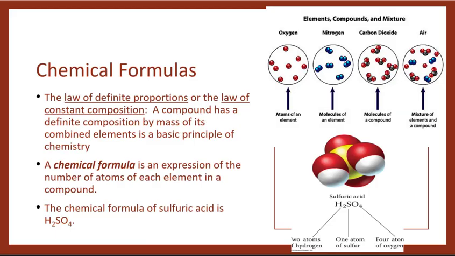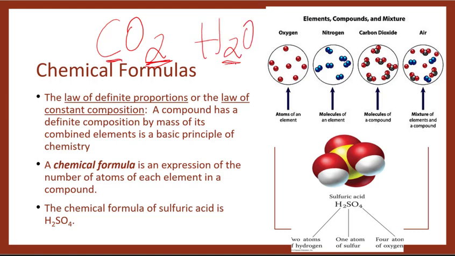Looking at chemical formulas, for example, we just got done talking about CO2. And we said that for every 2 oxygens, there was 1 carbon. Or H2O. For every 2 hydrogens, there's 1 oxygen. We have what's called the law of definite proportions, or the law of constant composition. And a compound has a definite composition by mass of its combined elements.